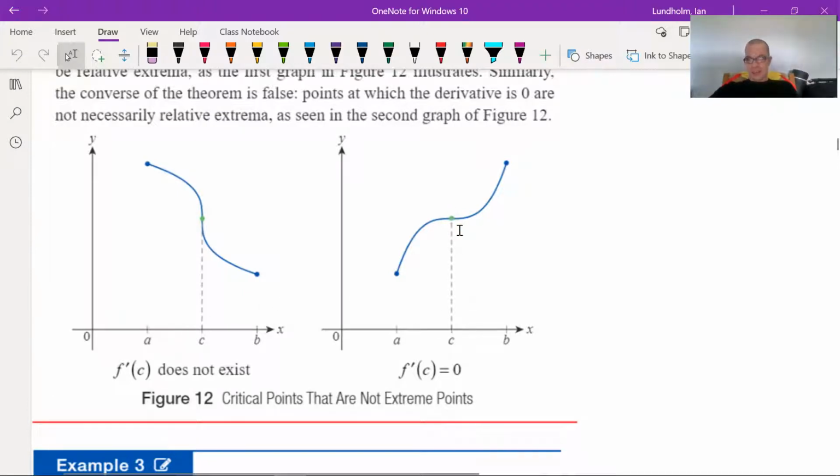And again, here's where the derivative equals 0, and that's not a local max or a local min. What we're going to be looking for when finding a local maximum is a positive derivative going to 0 and then going down to a negative derivative. But this one is a positive derivative, goes to 0, and then stays positive. And so that's not a maximum.